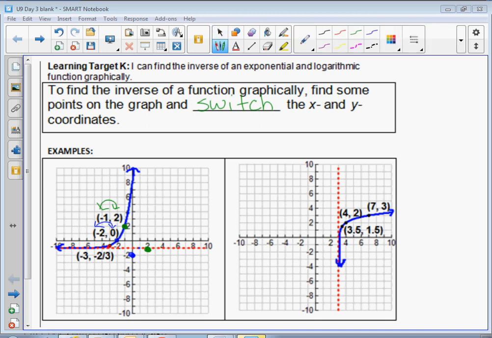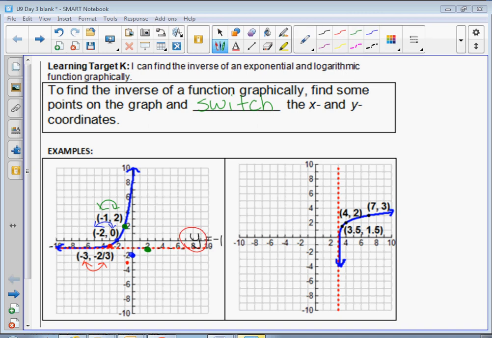And there's 3 here, so I'm going to switch all 3. -3 and -2/3, I'm going to switch that and do -2/3, not quite -1, and -3. So my inverse graph is going to go through these 3 new points that I plotted. We can see here the asymptote on this exponential function is y equals -1. If we switch the x and the y for the points, we're also going to switch the x and the y for the asymptote.